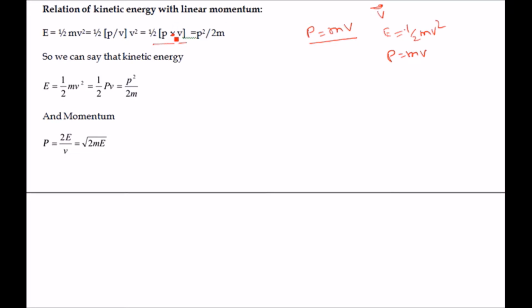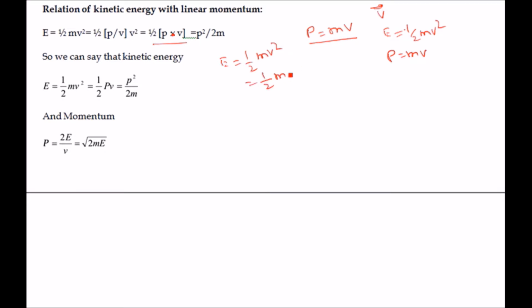It's a simple multiplication, not a cross multiplication. And if I put the value of v equal to p by m here, then we get energy equal to p square by 2m. We say that E is equal to half mv square and v is equal to p by m.